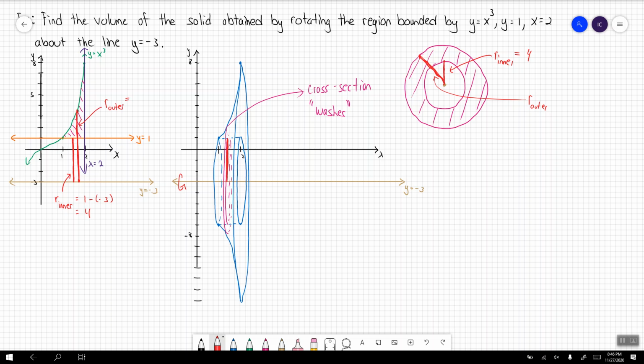We're going to again take top minus the bottom. So the top is y is equal to x cubed, minus the axis of rotation. The axis of rotation is -3, which means my outer radius is x cubed plus 3. So the outer radius, we found that to be x cubed plus 3.